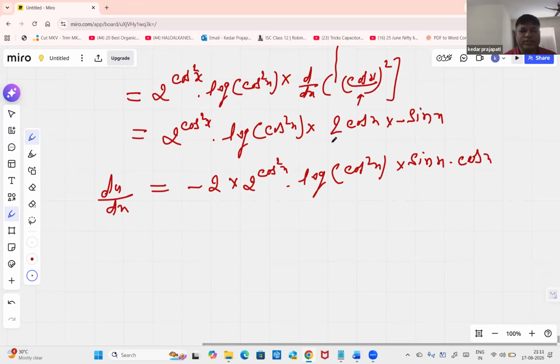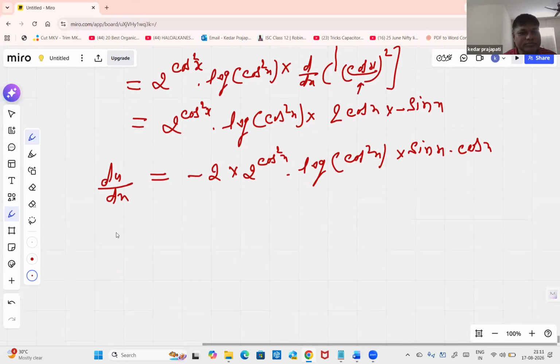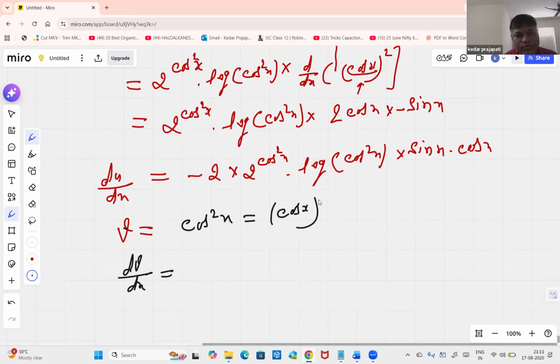And v is cos square x. Right? v is cos square x. So dv by dx is equal to, you can write it like this, cos x whole square. So first this will become 2 cos x into minus sin x.